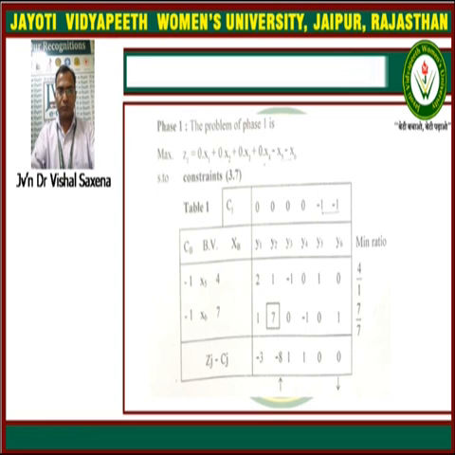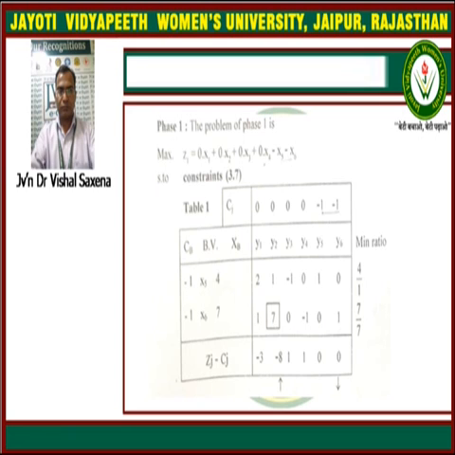The basic variables in the basis initially are taken as x5 and x6. Their costs CB are -1 and -1 and their XB are 4 and 7. Initial basic feasible solution we have taken, and now we have made this table.